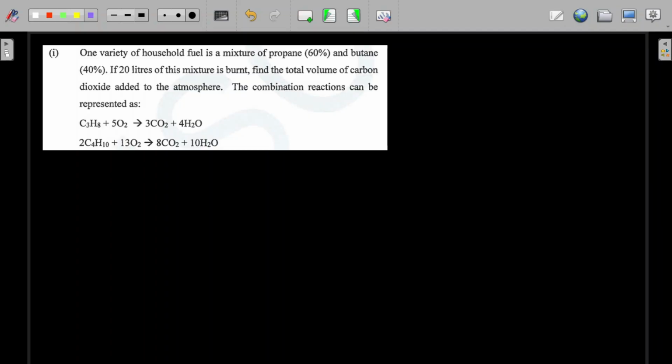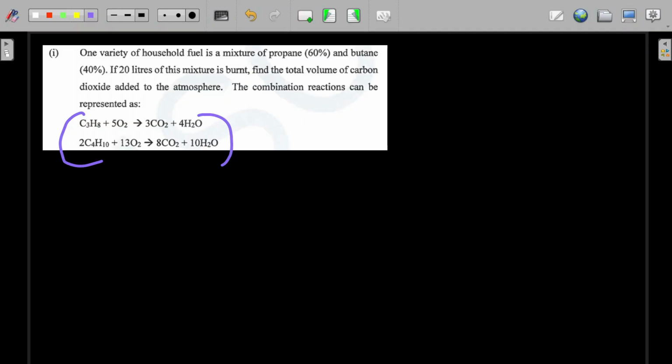The reactions can be represented as, actually it is not combination, it is a combustion reaction. Okay? What Greenwood High will do, they will not give you these equations. They expect you to write these two on your own. So basically what is this? It is a mixture.